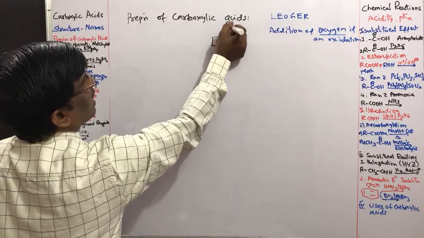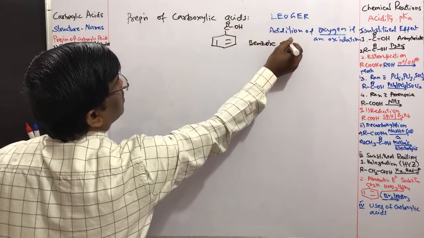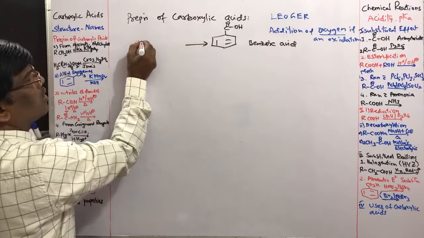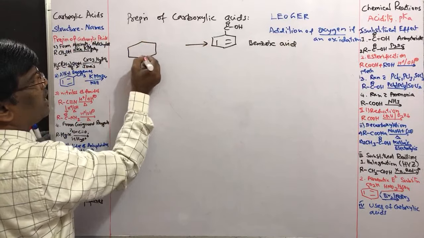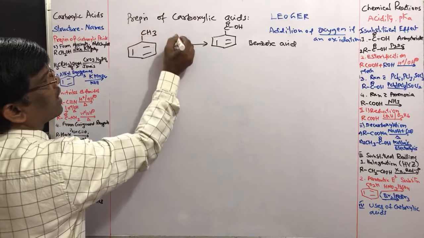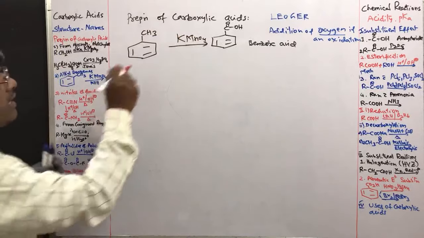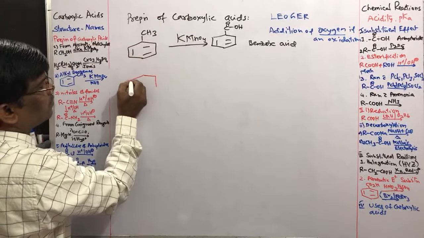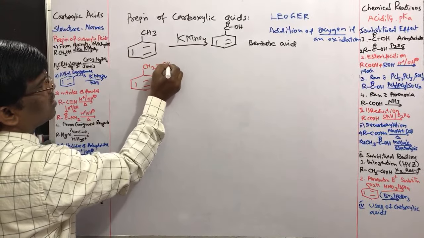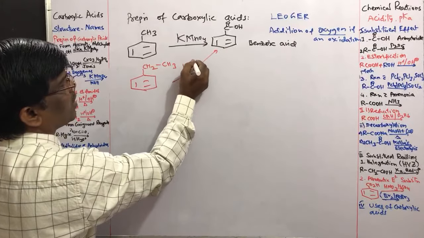This is benzoic acid. How to get this? You can get it from, let me write for example, toluene in presence of KMnO4. Yes, so it can be obtained from any chain, doesn't matter, CH2, CH3, ethyl benzene, KMnO4, you are going to get benzoic acid.